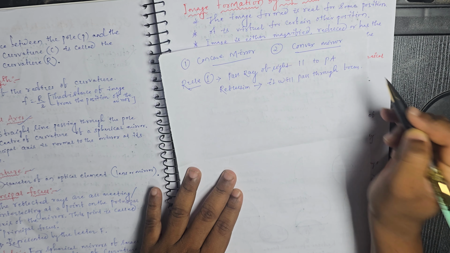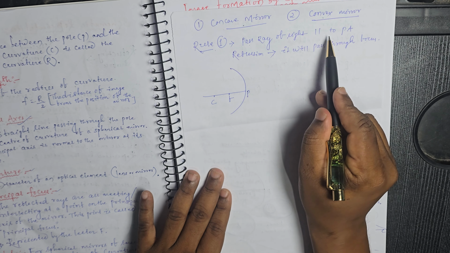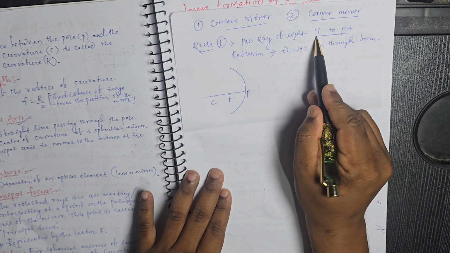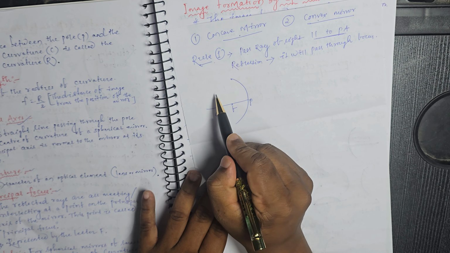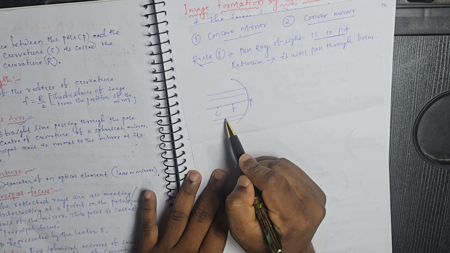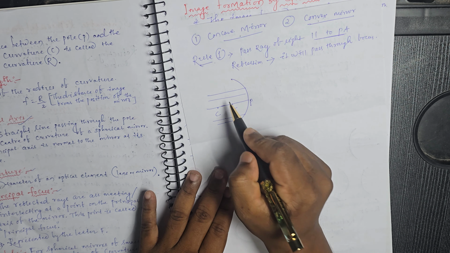Let's say this is my concave mirror. Okay, this is the principal axis and my pole is here. So this will be the focus and twice that will be the center of curvature. Clear? According to the rule, you have to pass the ray of light parallel to the principal axis. I repeat, parallel to the principal axis. If you pass this ray, or even below this line, they all are parallel to the principal axis, right?